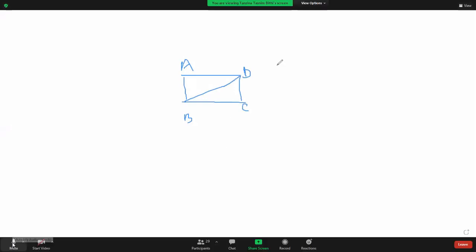So what is a directed graph? Look at this structure. This is a graph with nodes A, B, C, and D. And B and D are connected. So what kind of graph is it? Undirected? Yes, it is undirected.